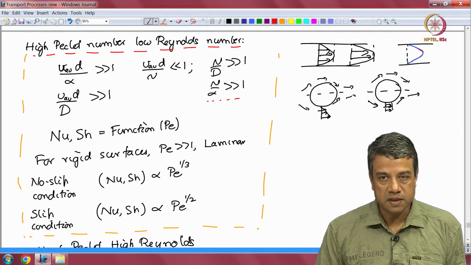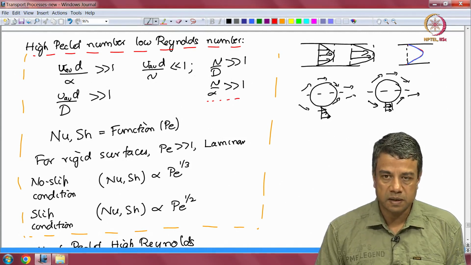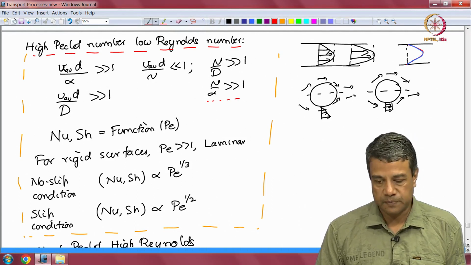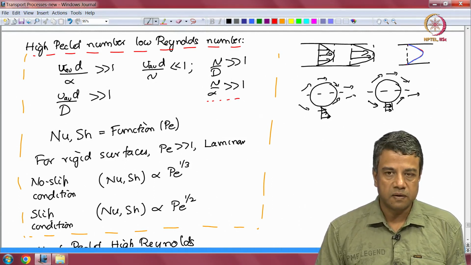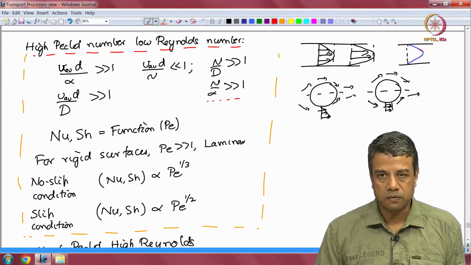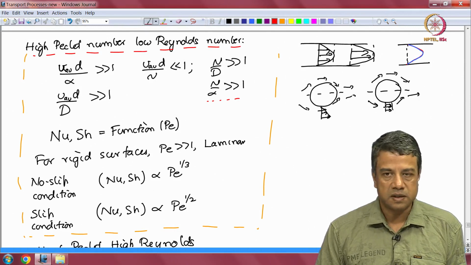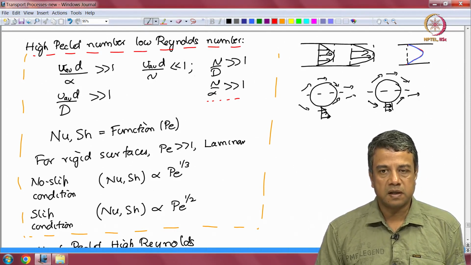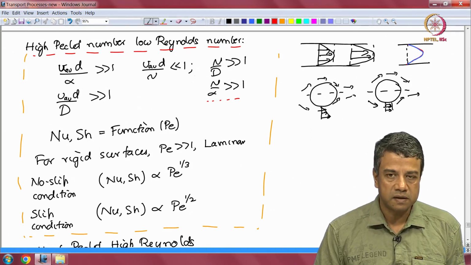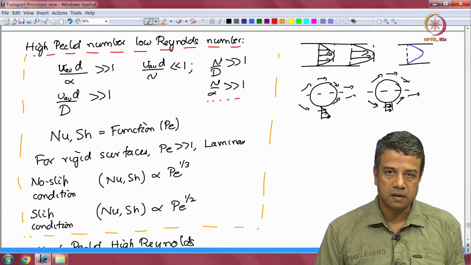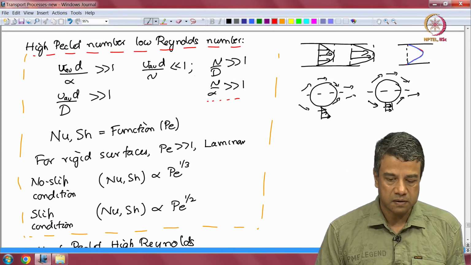So, the profile remains the same, the pattern remains the same, only the magnitude of the characteristic velocity changes. Similarly, for the flow around a particle, if the free stream velocity changes by a factor of 2, the velocity at each point will change by that same factor. So, all of the information regarding convection is contained in this characteristic velocity itself, the free stream velocity for flow around a particle or the average velocity for flow in conduits.